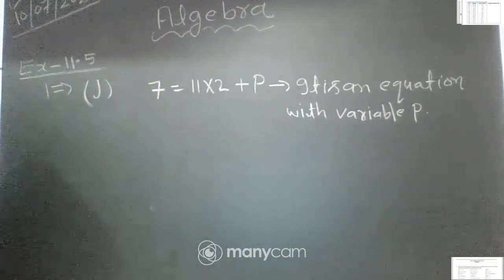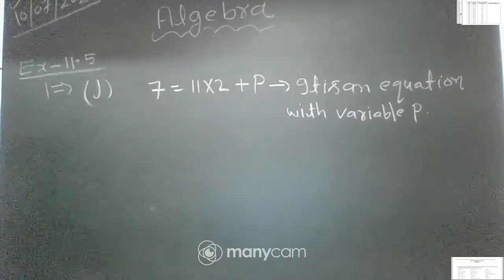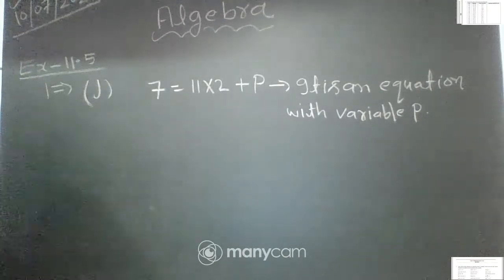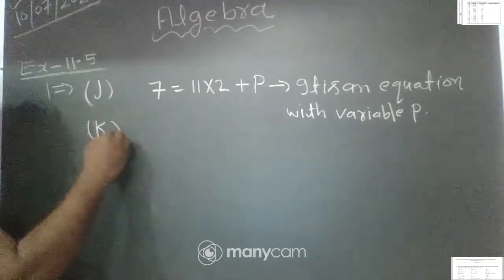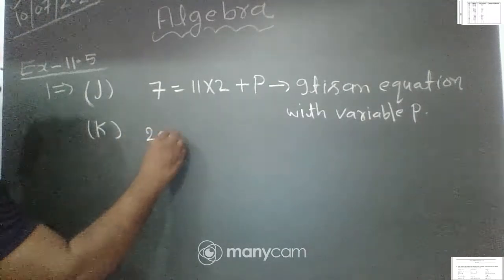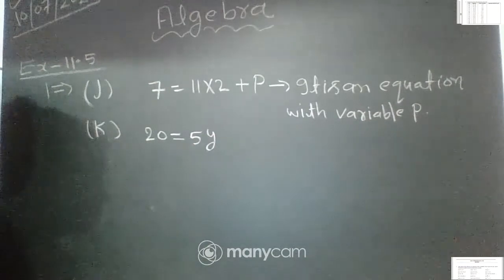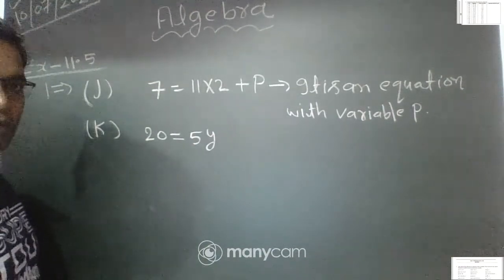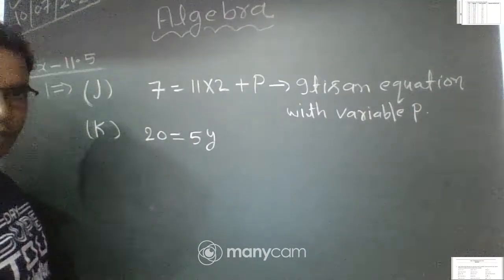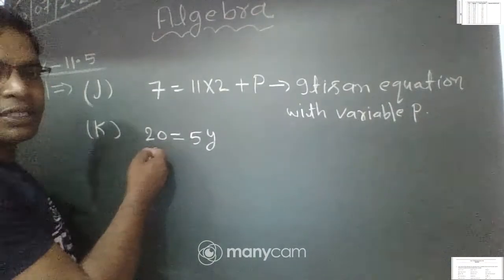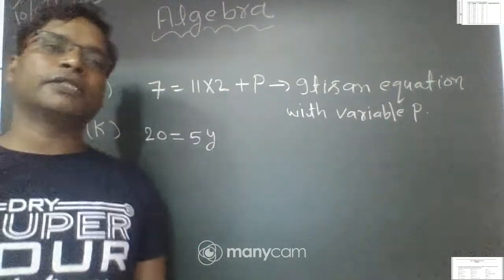Now K part of this question. 20 is equal to 5y. Okay, so what is your view about this part? Obviously you can see here the left hand side is equal to the right hand side. Both are equal.